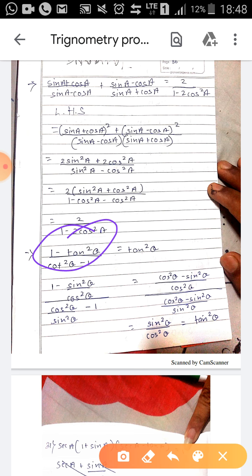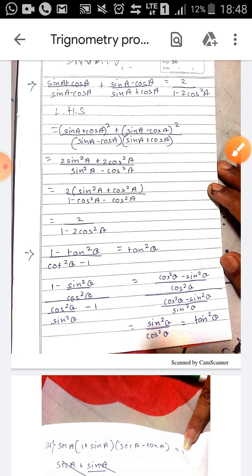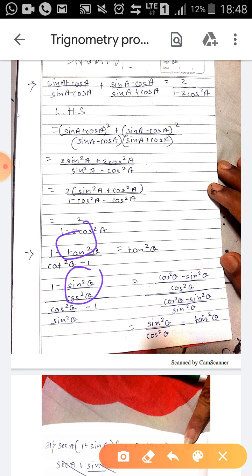So I didn't apply any relation over here. What I did was a very simple thing. Tan square theta, I converted to sin square theta by cos square theta.